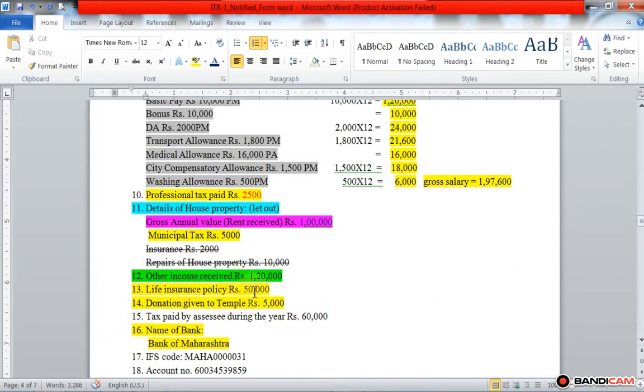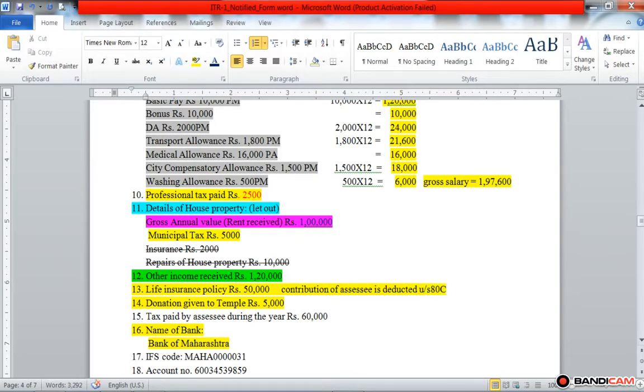So LIC, it means it is a contribution of the assessee, which is deducted under section 80C.